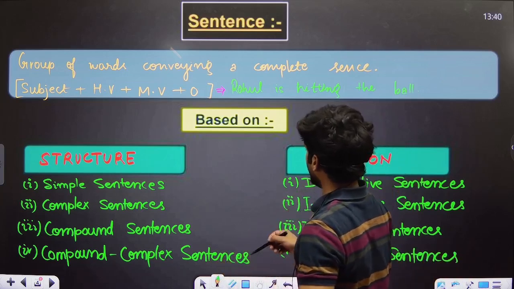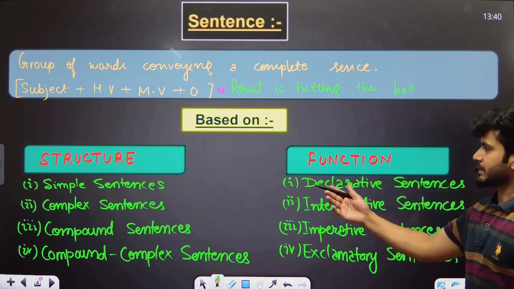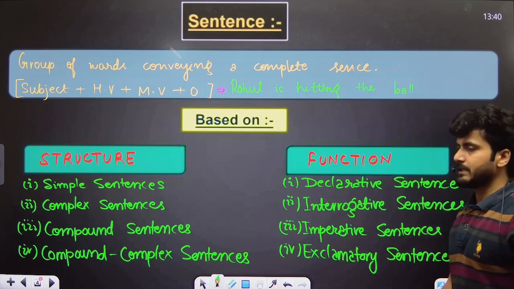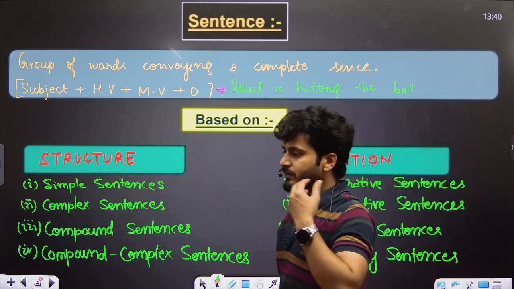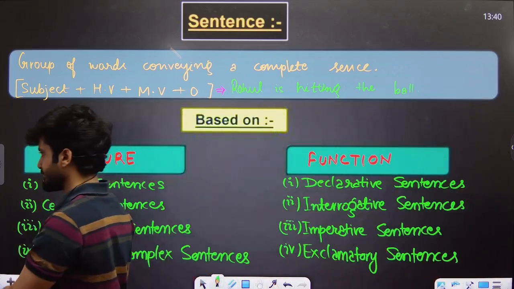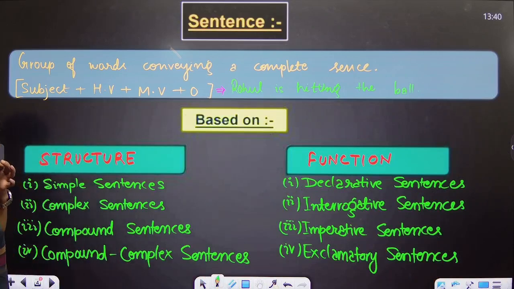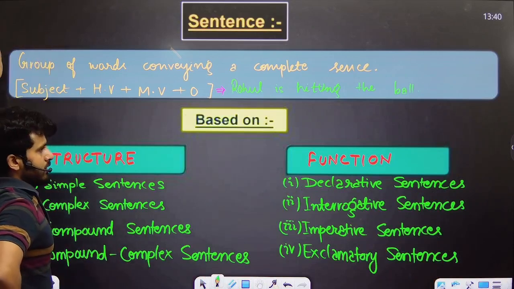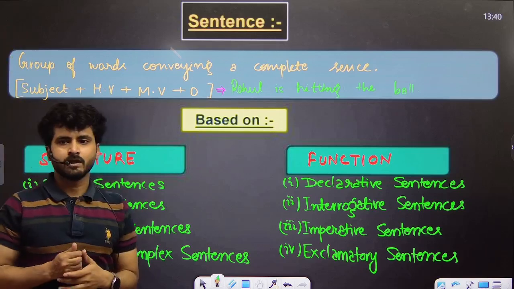Okay. So on the basis of the structure and on the basis of function, we have these kinds of sentences. We will be discussing them one by one. Note it down first.